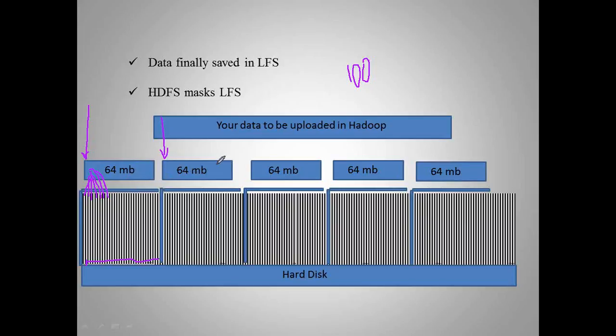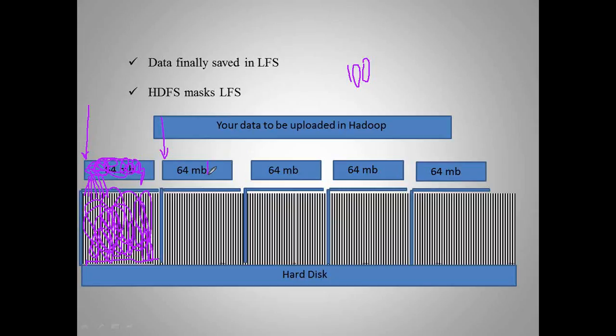So now, when you upload a file of 100 MB, one complete 64 MB block will be occupied. That means all the 8000 blocks will be occupied. And the remaining 36 MB, some part of the 64 MB will be occupied.